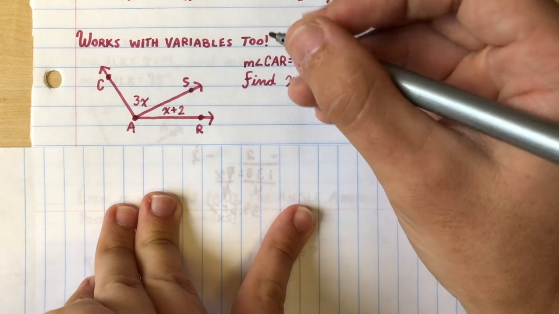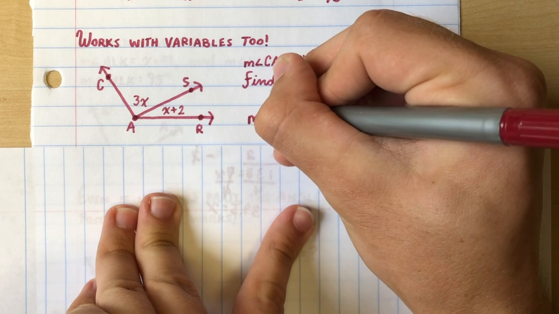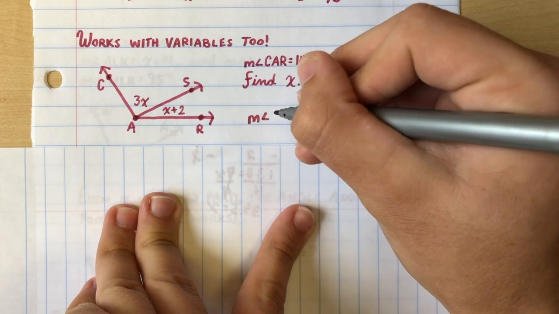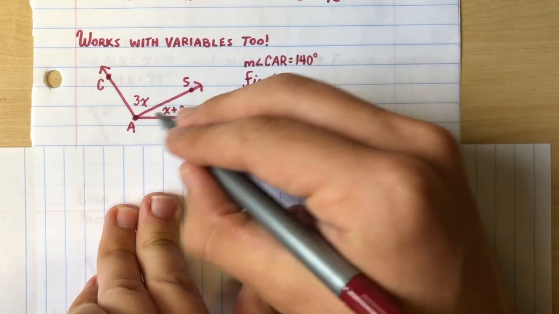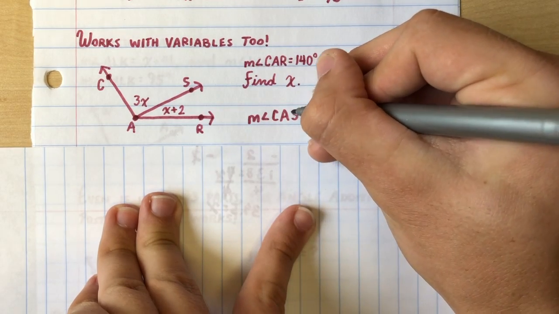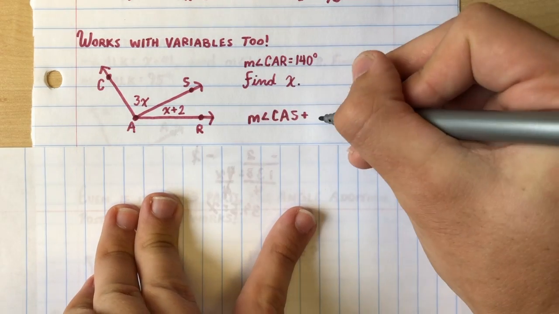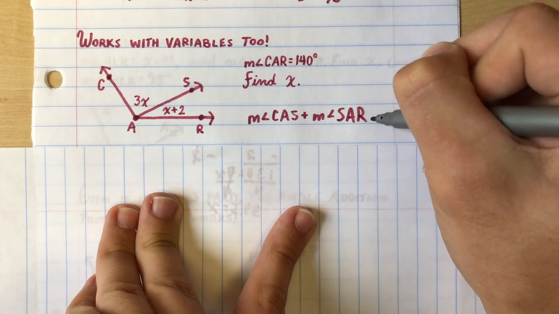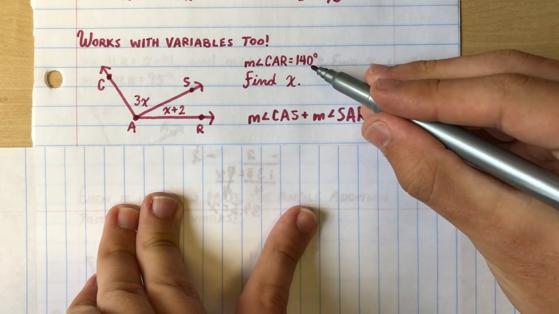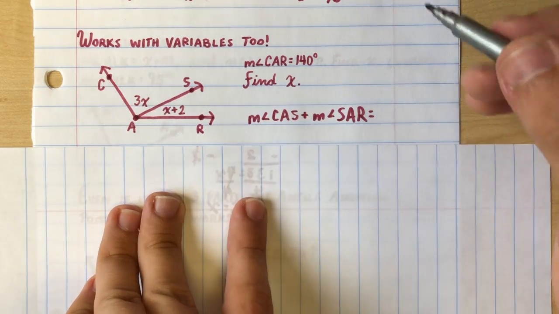So this time we know that the measure of angle CAS plus the measure of angle SAR has to be 140 degrees, because the whole thing, it says CAR, is 140 degrees.